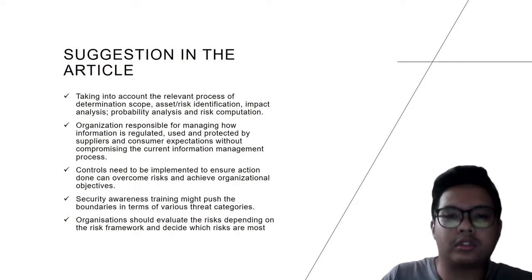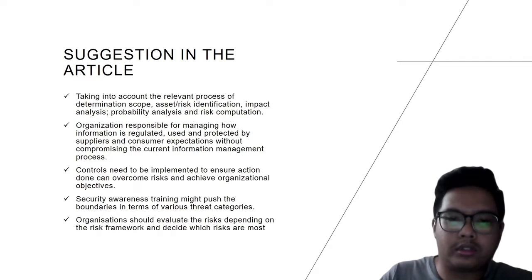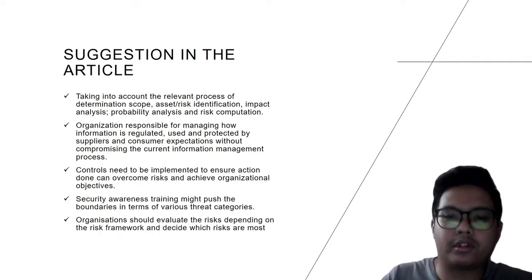Next, controls need to be implemented to ensure actions done can overcome risk and achieve organizational objectives. Next, security awareness training might push the boundaries in terms of various threat categories. Lastly, the organization should evaluate the risk depending on the risk framework and decide which risks are most critical.